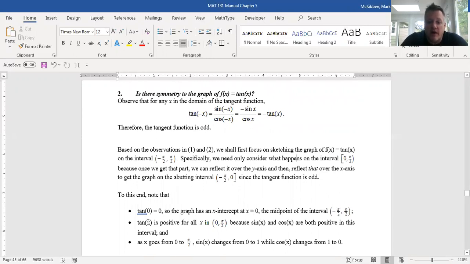If you look at x values to the right of 0, so between 0 and pi over 2, those are angles in the first quadrant, and so the sine and the cosine are both positive there. And furthermore, as the x value goes from 0 to pi over 2, the top, the sine, goes from 0 to 1, but the bottom goes from 1 to 0, which means the quotient is getting larger.